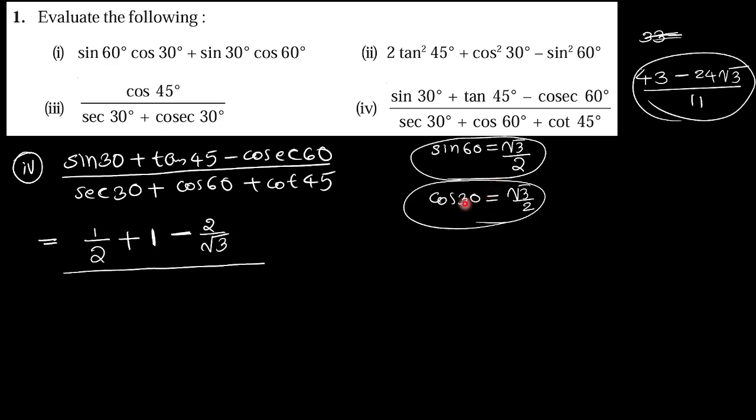No. One minute. So sec 30 will be the reciprocal of root 3 by 2, which is 2 by root 3. Okay, what is next? Cos 60 is 1 by 2.